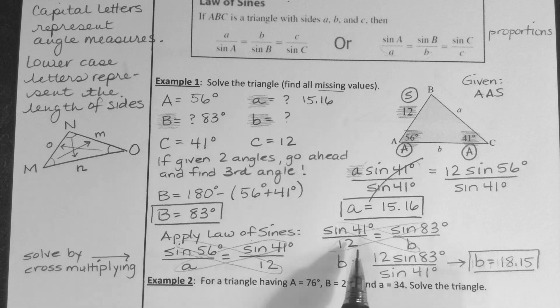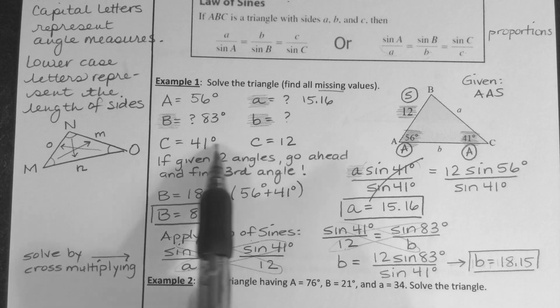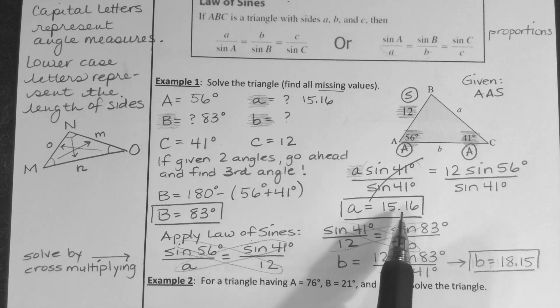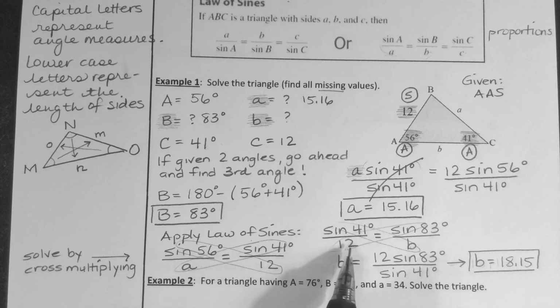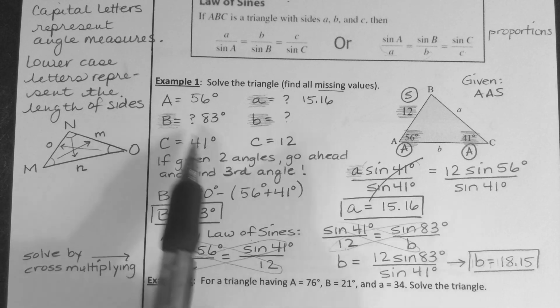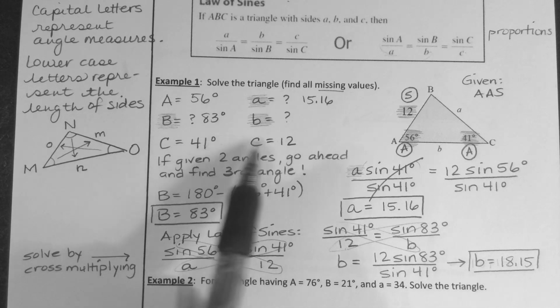You will notice that you will still get this answer, but what I recommend is that you always use what is originally given to you, because if you had made a mistake here by accident and got the wrong A, when you put your A value in this fraction, you're going to end up forcing the B to be wrong as well because it was dependent on another wrong answer. So always use what's originally given in your problem.